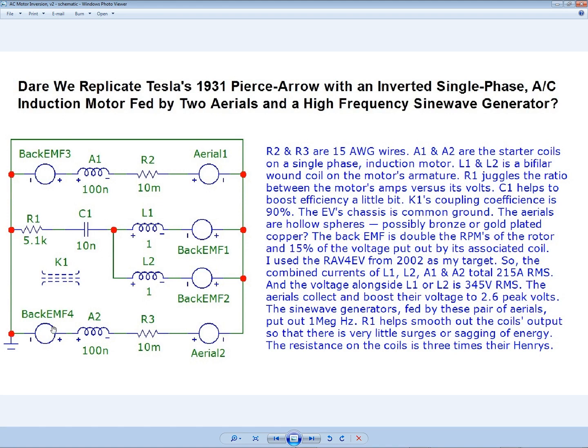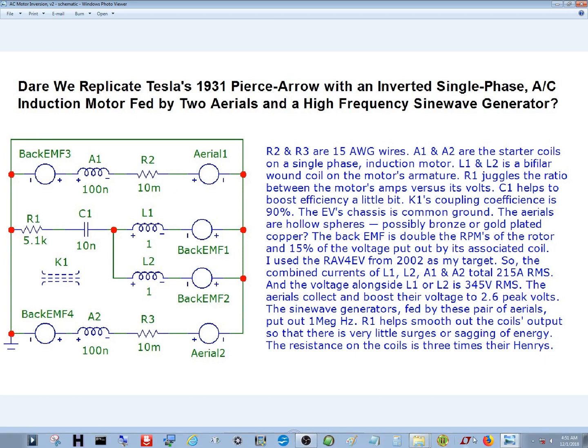Yet it turns out if you put any resistance on these two outer strands, such as I did here, I had forgotten about resistance coming from the aerial going to the starter motor, the starter coils, on an AC motor. Let's see if I can find the right one here. Where are you?